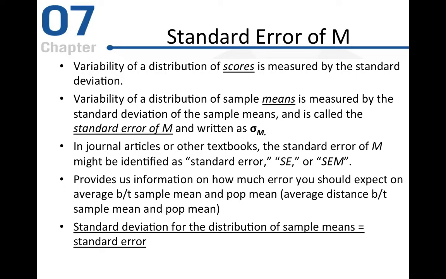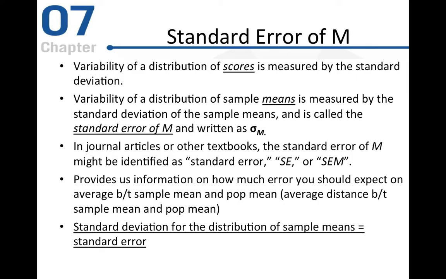This sounds a lot like standard deviation, right? Standard deviation is the average deviation, the average distance from a score to the population mean. This is the average distance, average deviation, average error that you can expect between a sample mean and a population mean. That's what the standard error is.